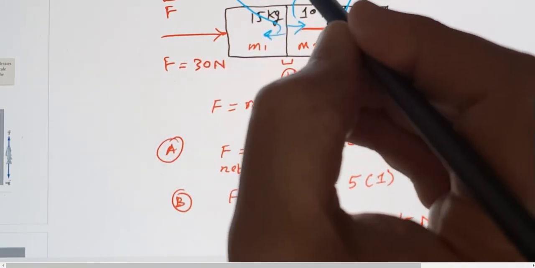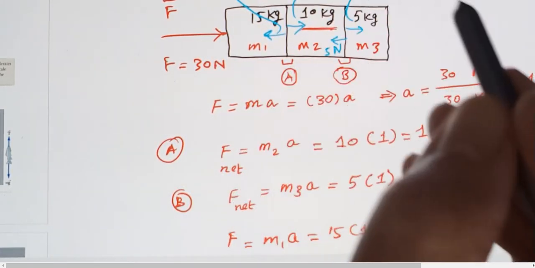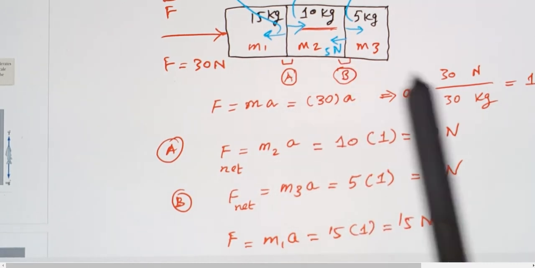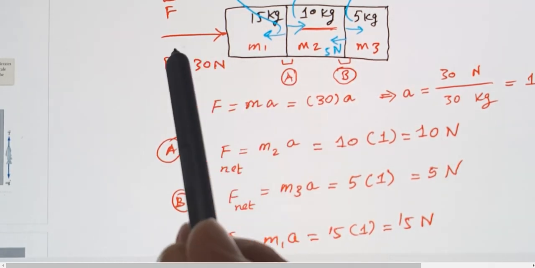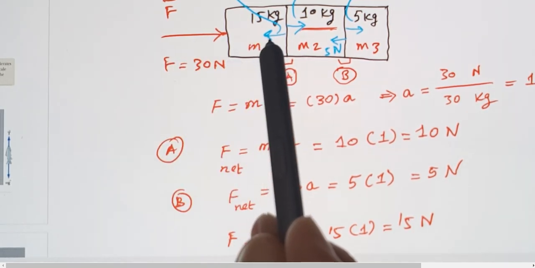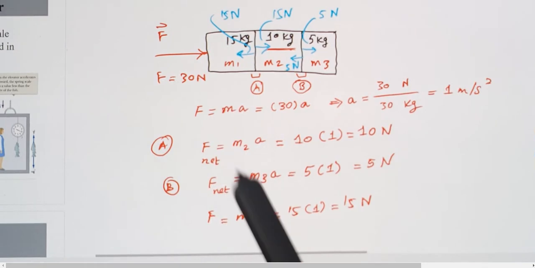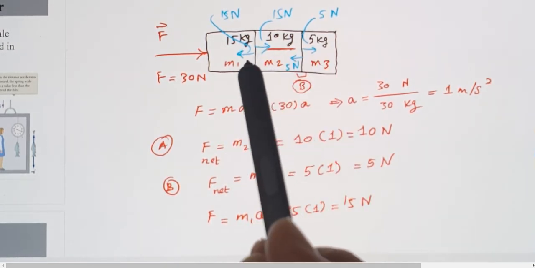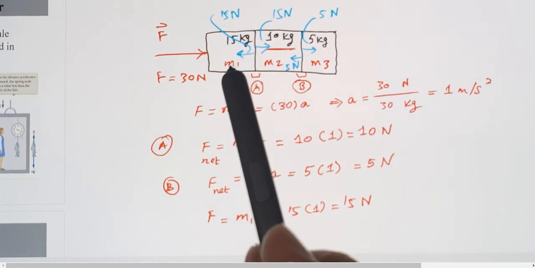So that means it will give 15 Newton. And now everything is working out. For M1, it receives 30 from the left and receive 15 from the right. So that is net force is 15 to the left.